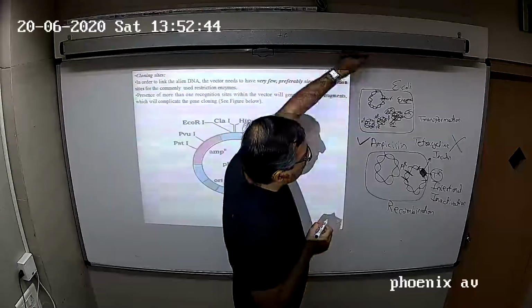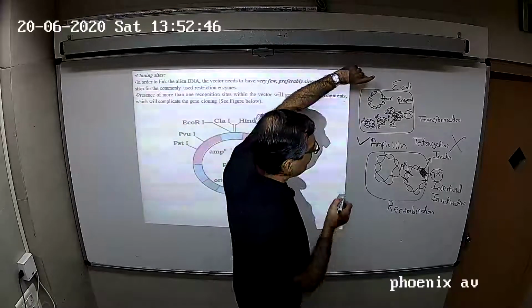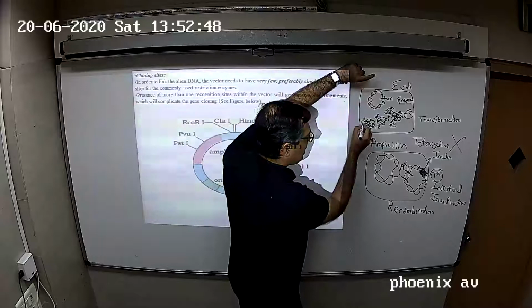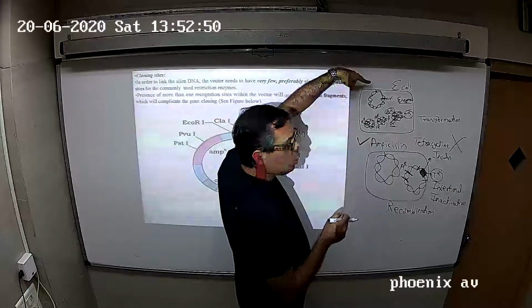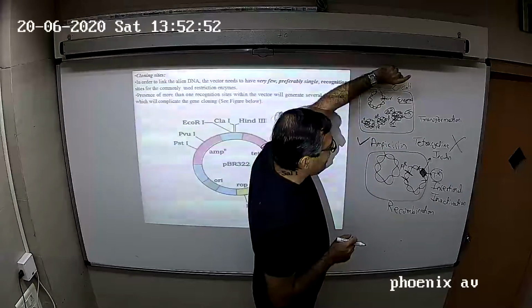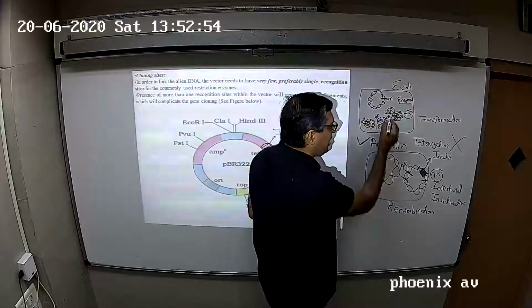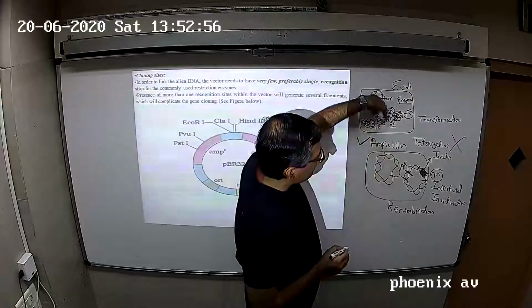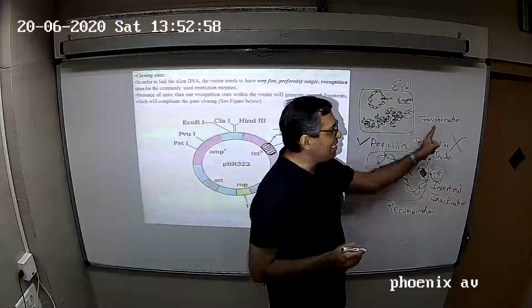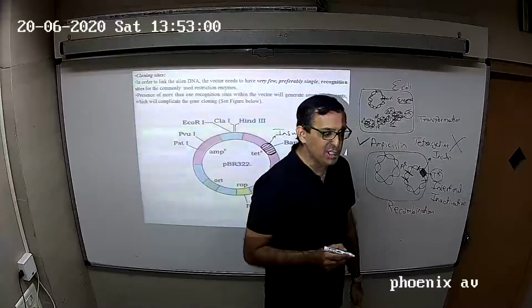Now when we put ampicillin over it, the ampicillin resistance gene causes resistance to ampicillin. We put tetracycline over it, and the tetracycline resistance gene causes resistance against tetracycline, and this is called successful transformation.